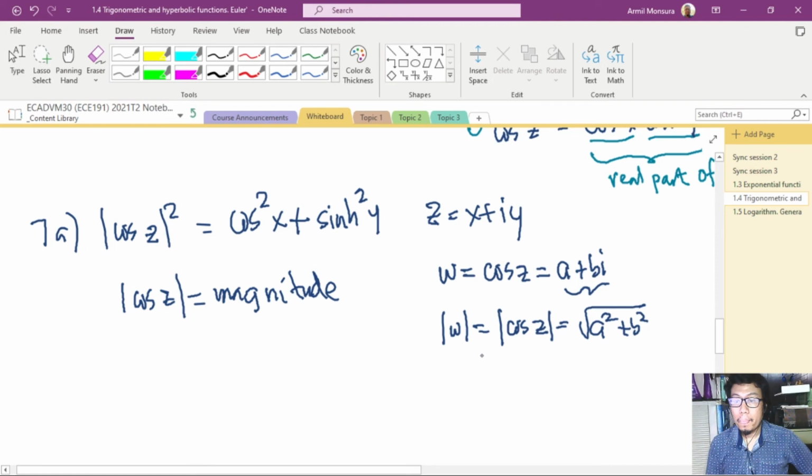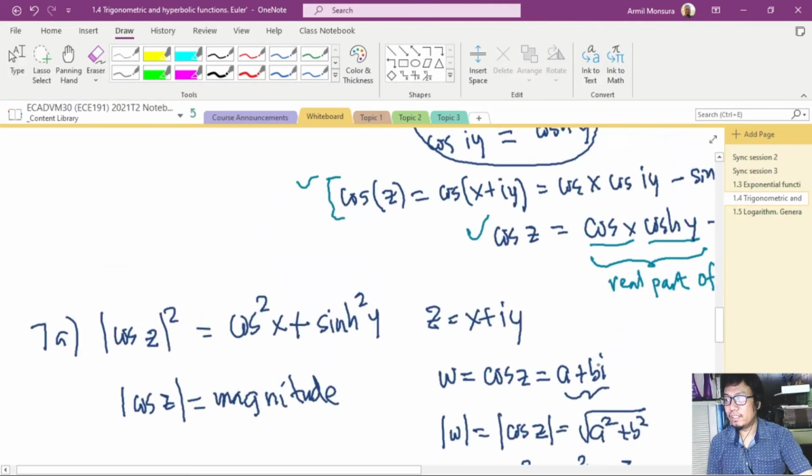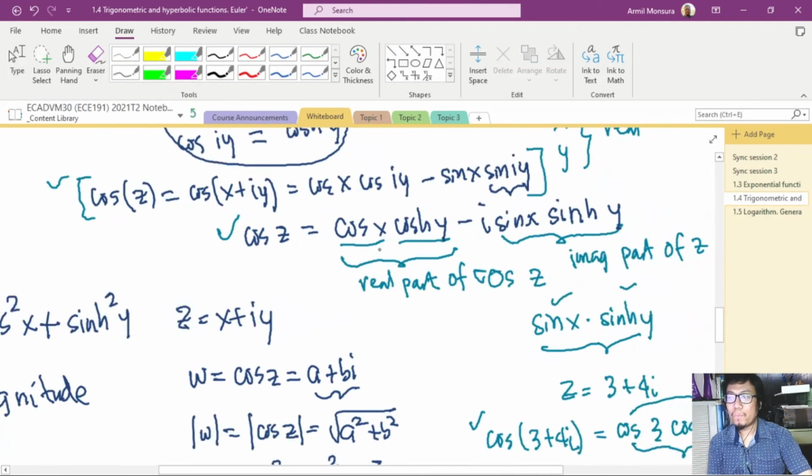And so, we find that the square of the magnitude of cosine of z is found by squaring this right side, which should give you a square plus b square. But in this case, what is a and what is b? A and b are actually established in this part. This is actually a, and this is b.